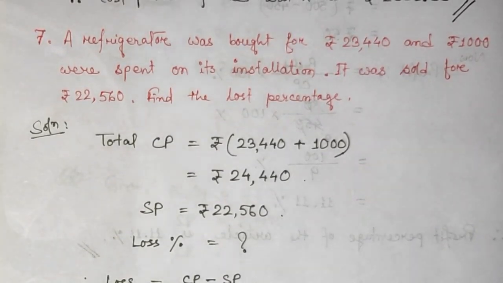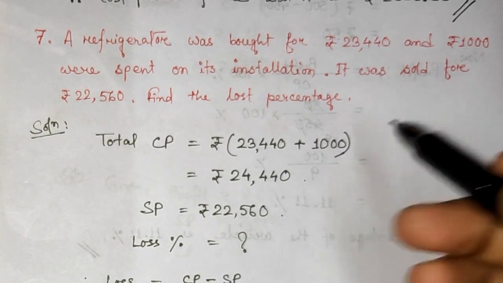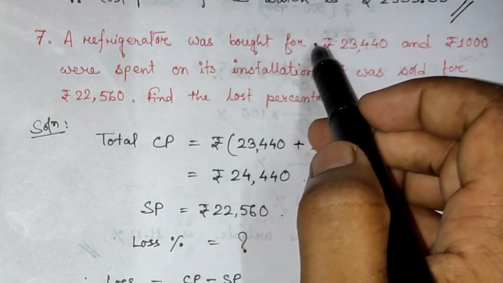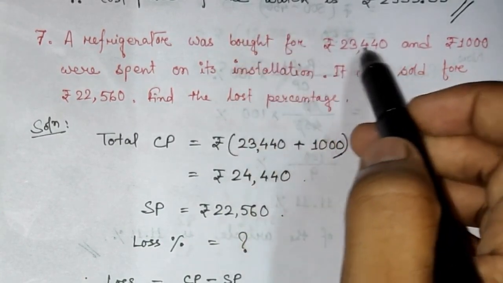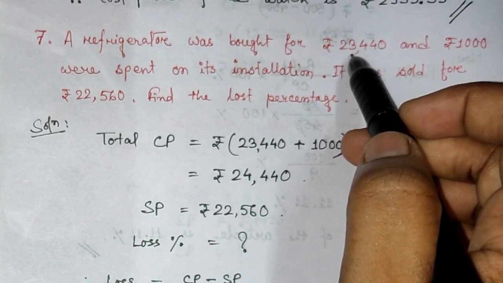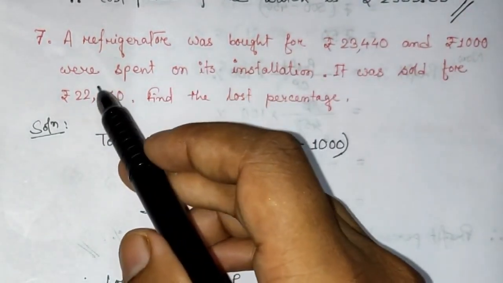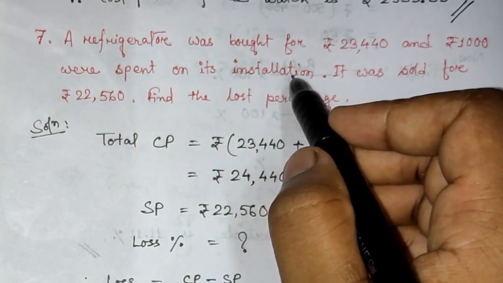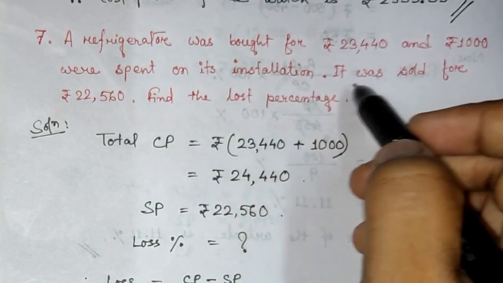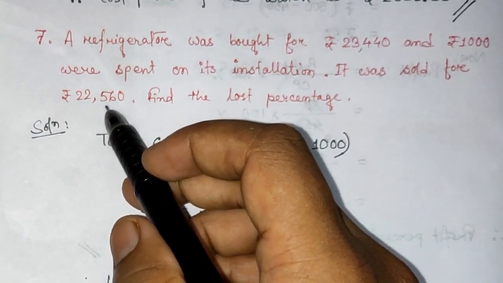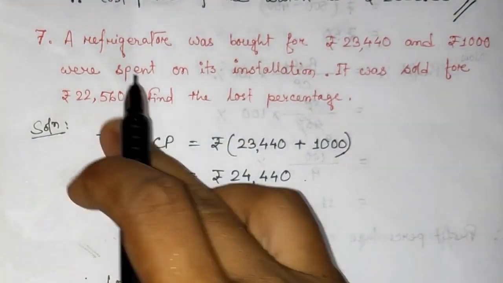Next, number 7. A refrigerator was bought for 23,440. This is the cost price of the refrigerator, and rupees 1000 were spent on its installation. It was sold for 22,560. This is the selling price.